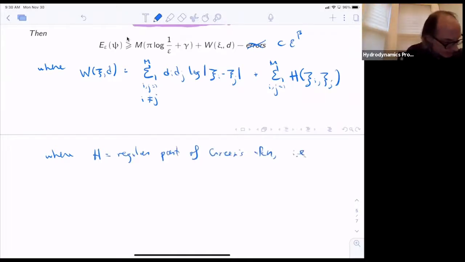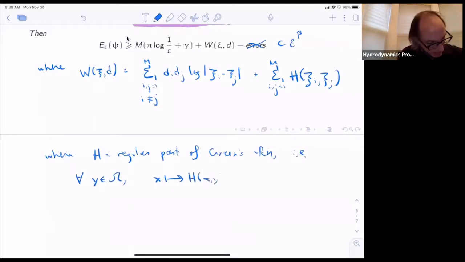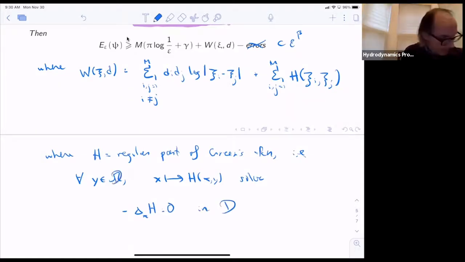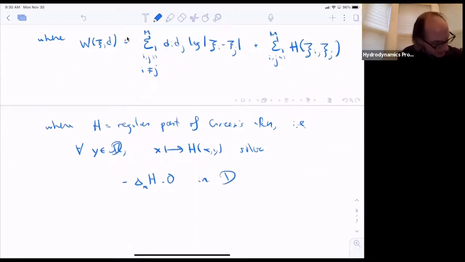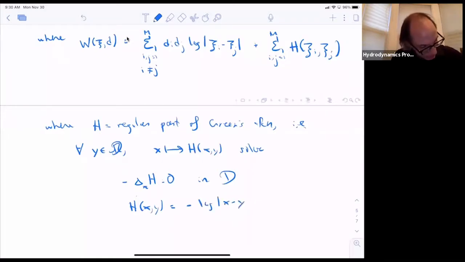i.e. for all y in omega, if I view it as a function of x, in, it's not, it's d, and h of x, y is something like minus log of x minus y for x in the boundary of the domain.